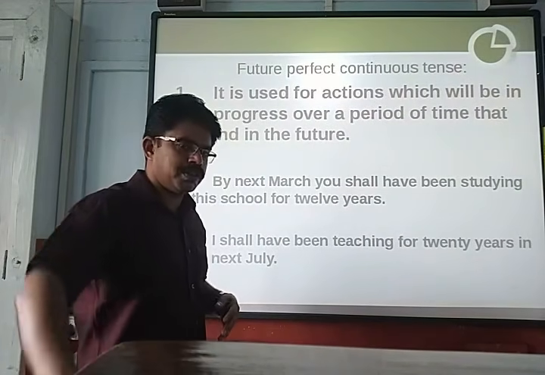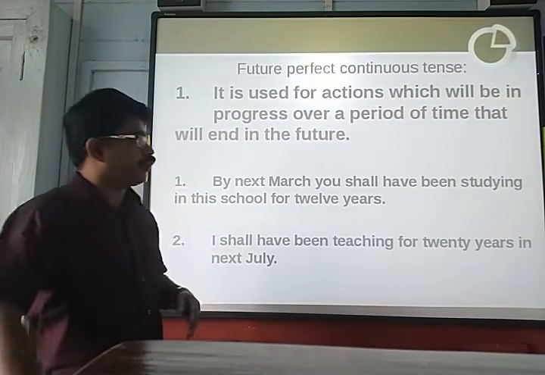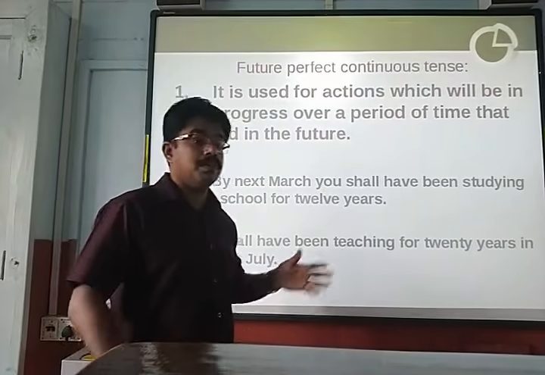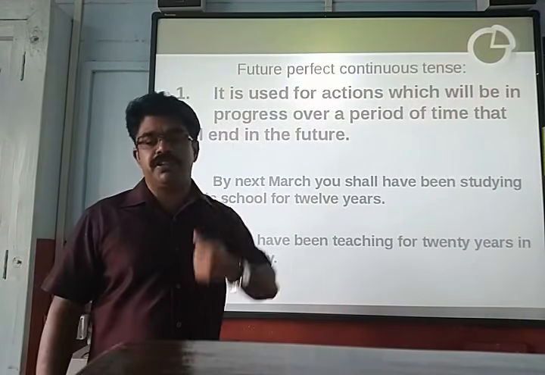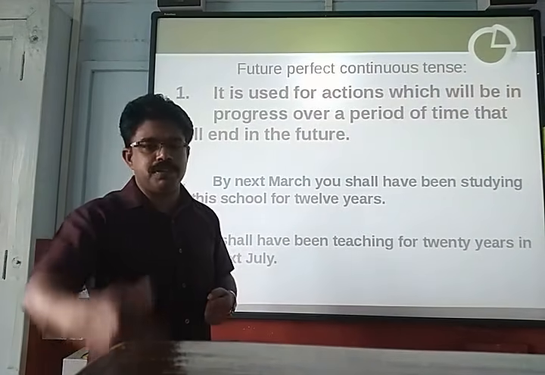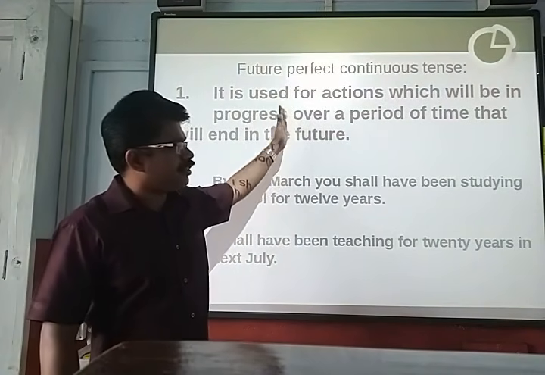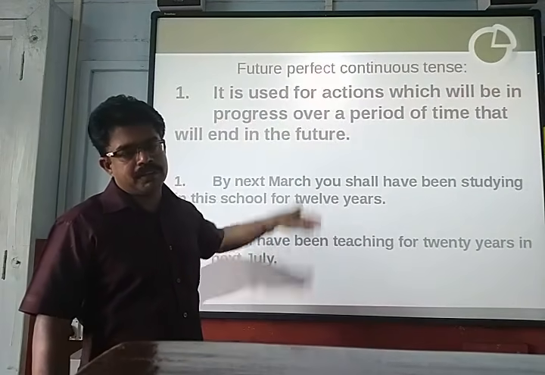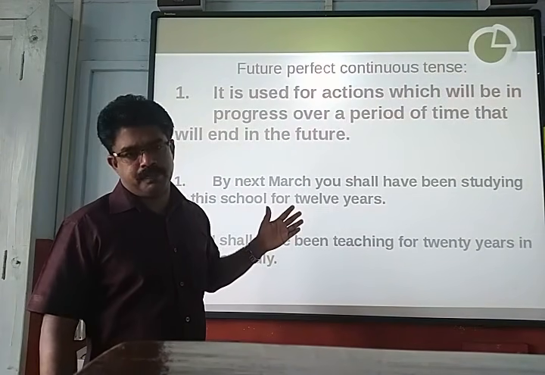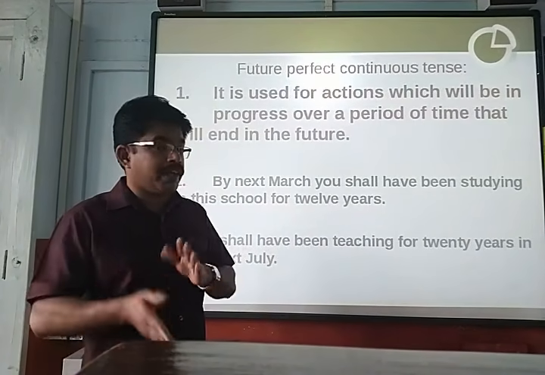So we form those structures. Now that is also important, and at the same time you should know where to use these tenses, when to use, how to use. All these things are given in these last 3 classes. Now in the next class I will take a revision of all these things.